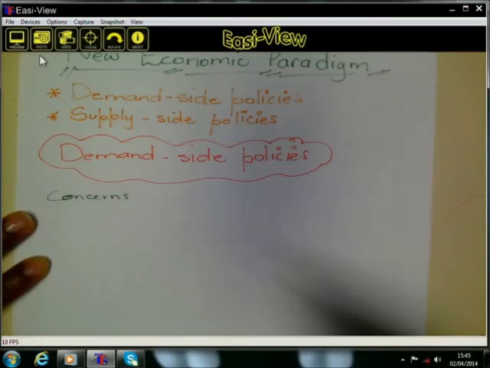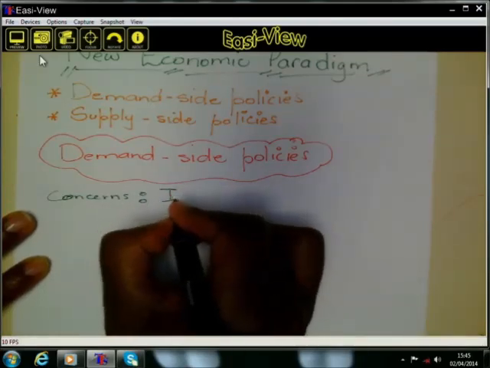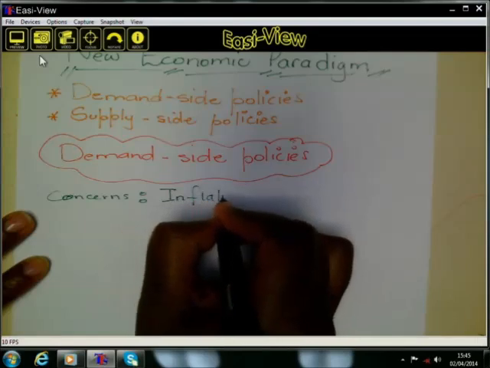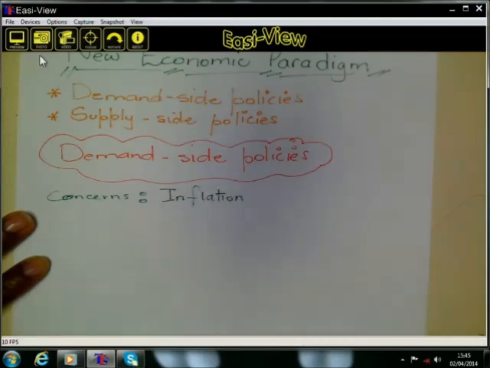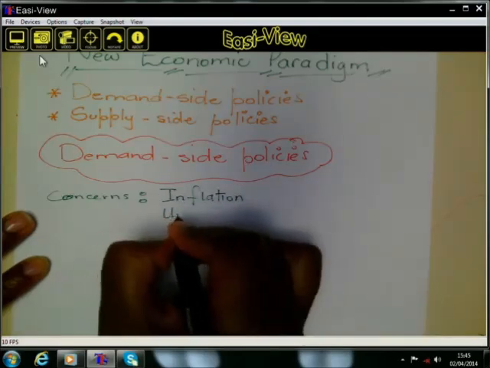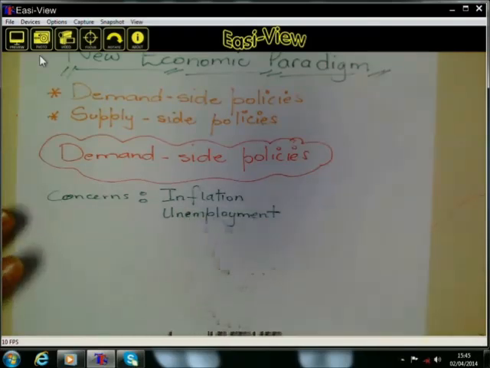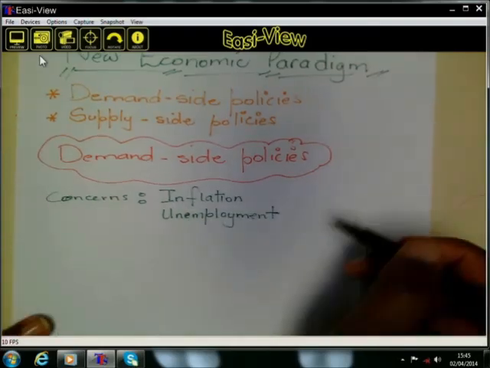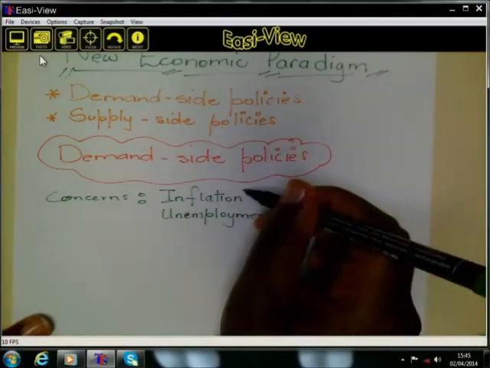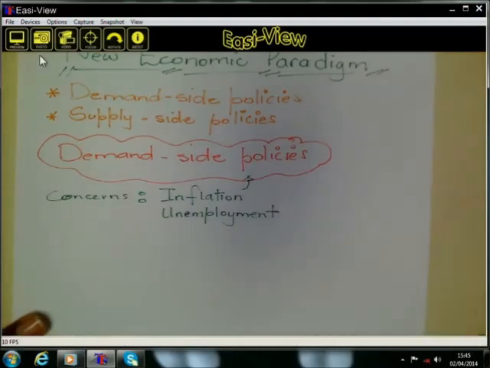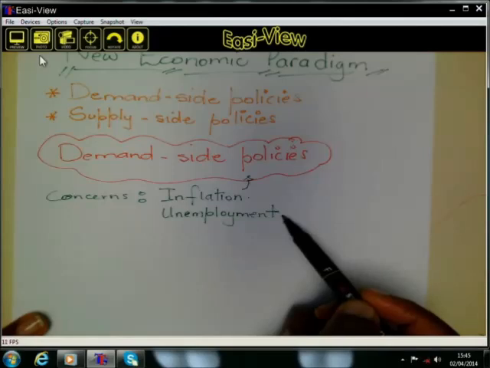We worry about inflation and we worry about unemployment. So those are the two things that we have to look at from the demand side: inflation and unemployment.